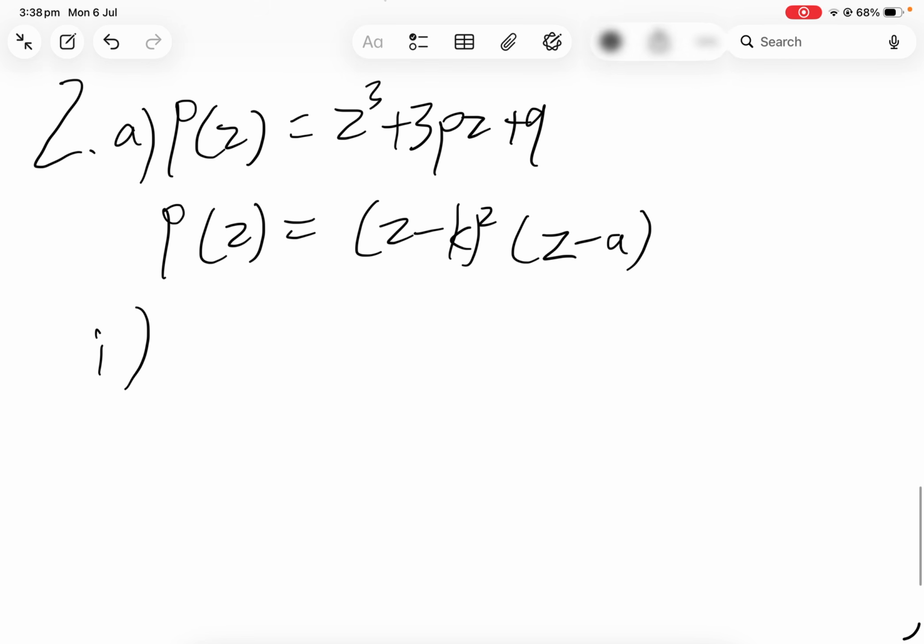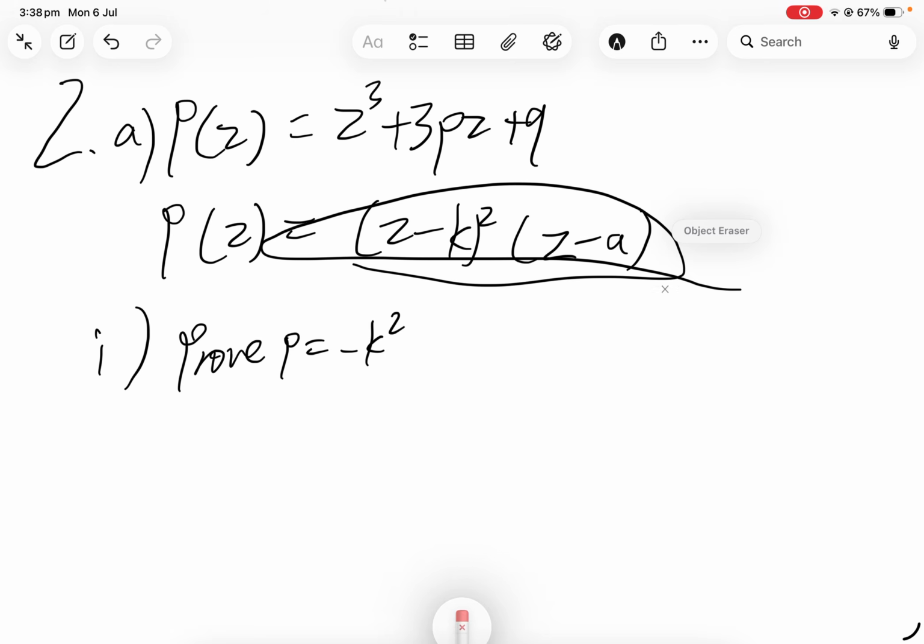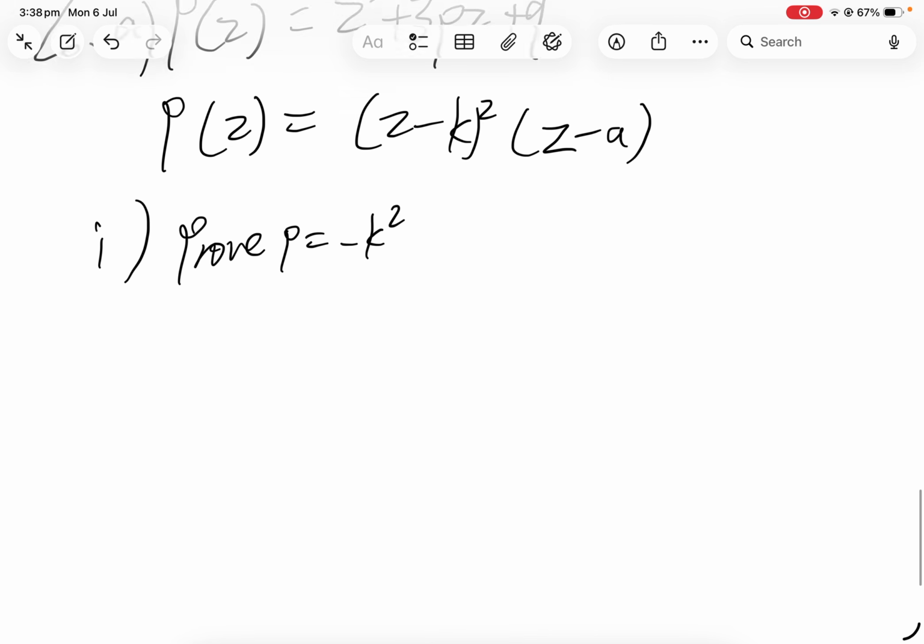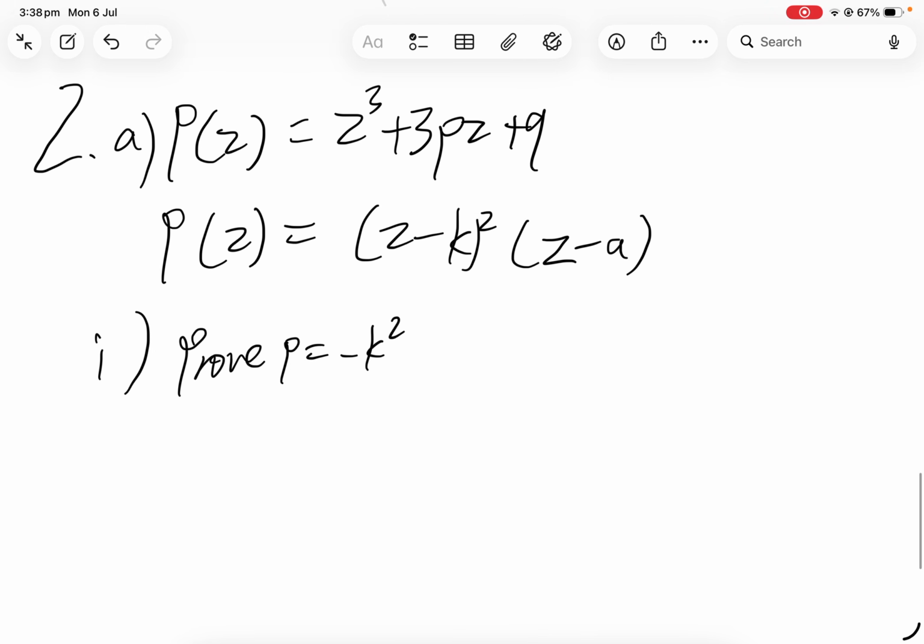This is part A: prove that p equals negative k squared. For this kind of question, you just expand this and then you get the variables. So we're gonna expand that first.